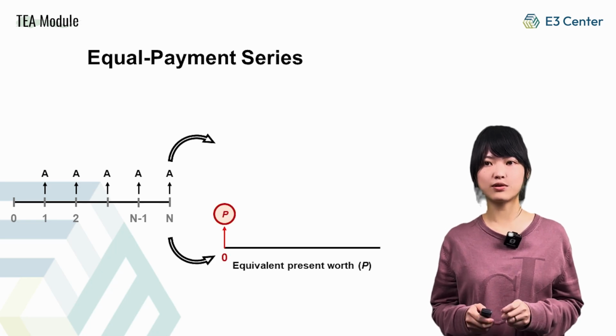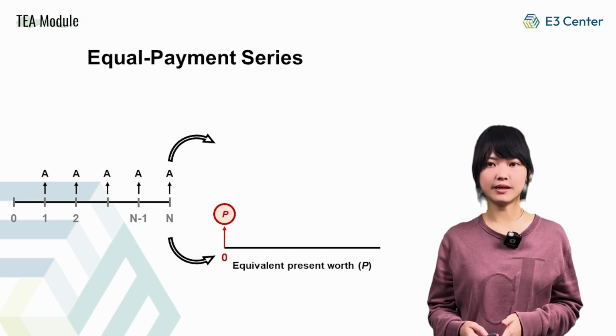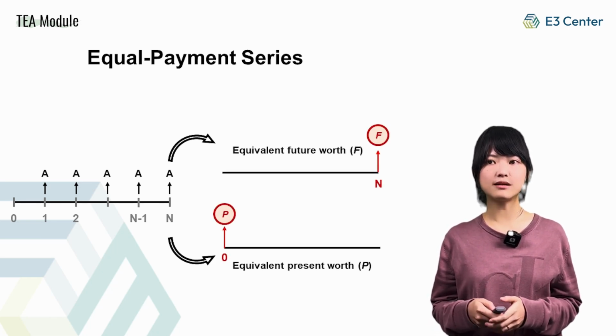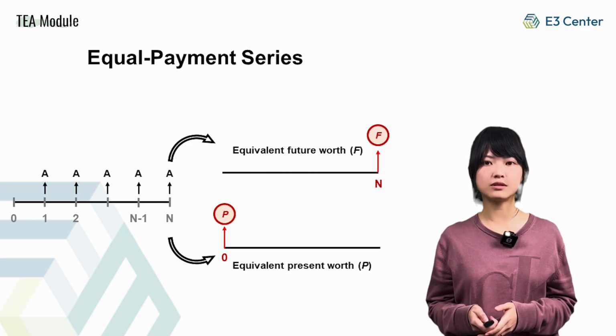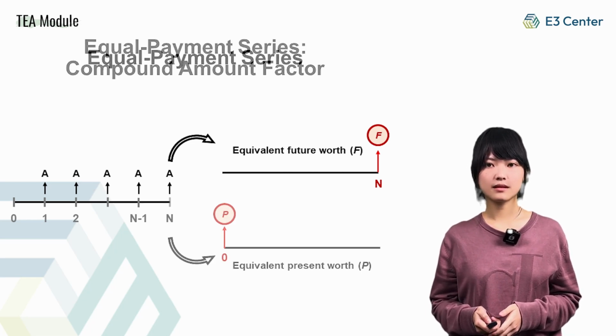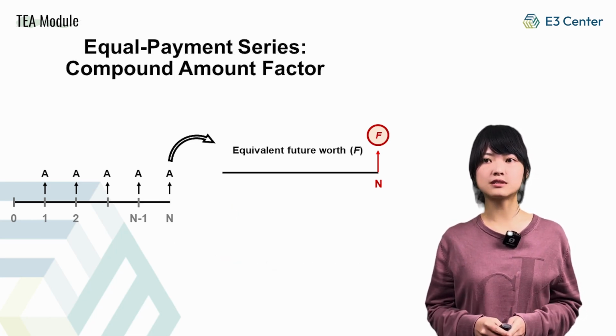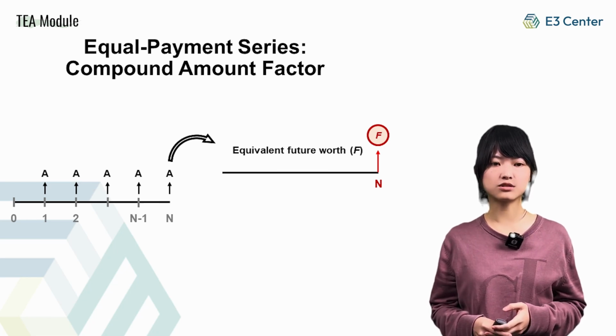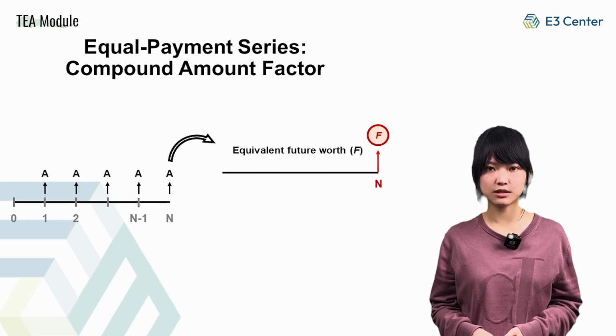P represents the present value of all payments made, and F represents their future value at the end of period N.